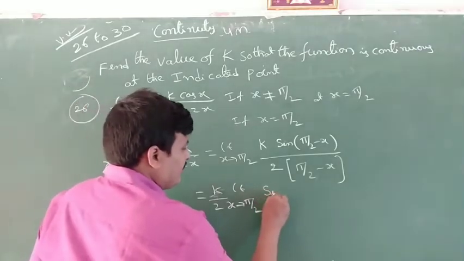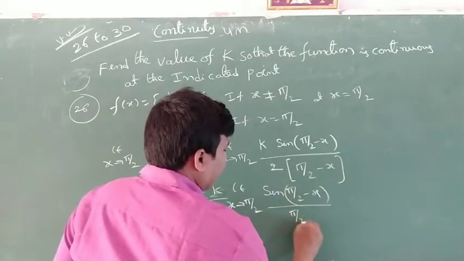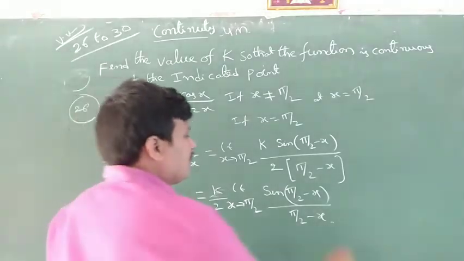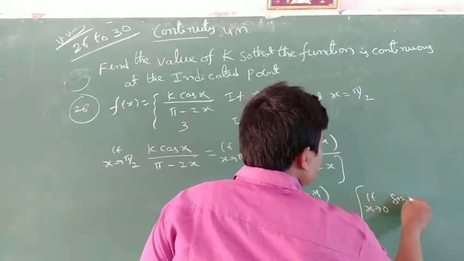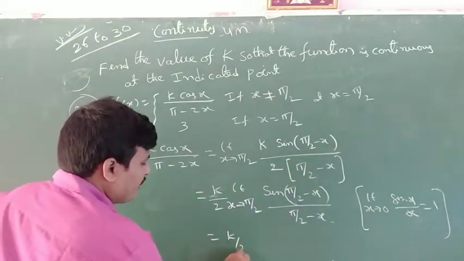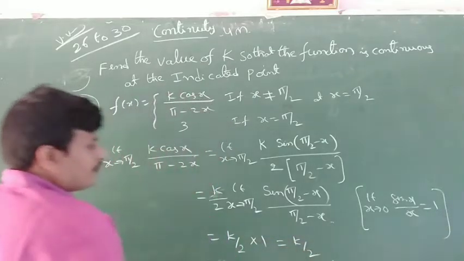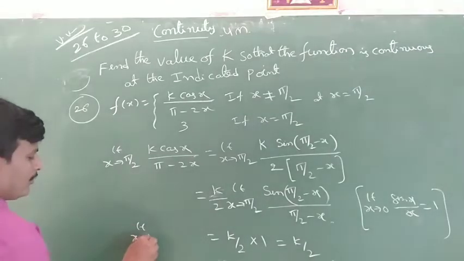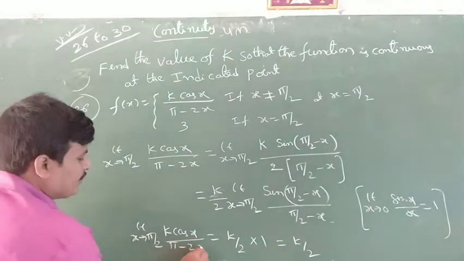So sin of pi by 2 minus x by pi by 2 minus x. This is the fundamental limit formula: limit x tends to 0 of sin x by x is equal to 1. So k by 2 into 1 is equal to k by 2. This is the value of limit x tends to pi by 2 of k cos x by pi minus 2x.